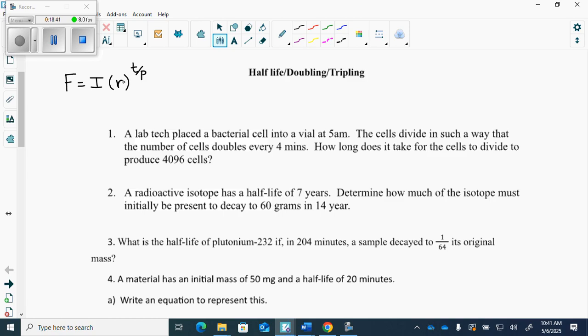So let's write that at the top. My R changes depending on what it's doing. These ones won't give me interest rates. They'll tell me that it's doubling, tripling, or halving. So R equals 2 if it's doubling because it's at 200%. R equals 3 if it's tripling because it's at 300%. And R equals 0.5, or we could put in a half. They're the same thing. If it is a half-life.